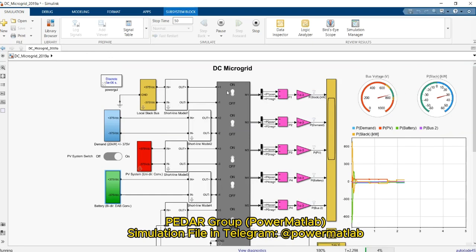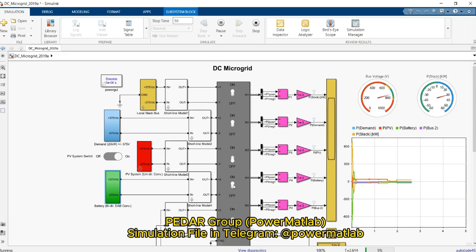So if I turn off the slack bus while the PV system is in disconnected mode, I can see the behavior of the system for a short time interval, because I expect that the battery can control the voltage for a short time interval, as a low inertia generation unit.